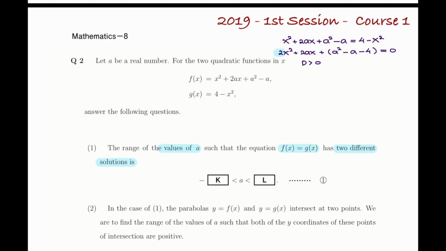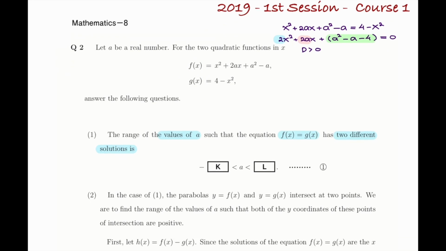This is a and then this is b, the rest is c. That means b squared, 2a squared, minus 4 times a times c, a squared minus a minus 4, must be greater than 0.